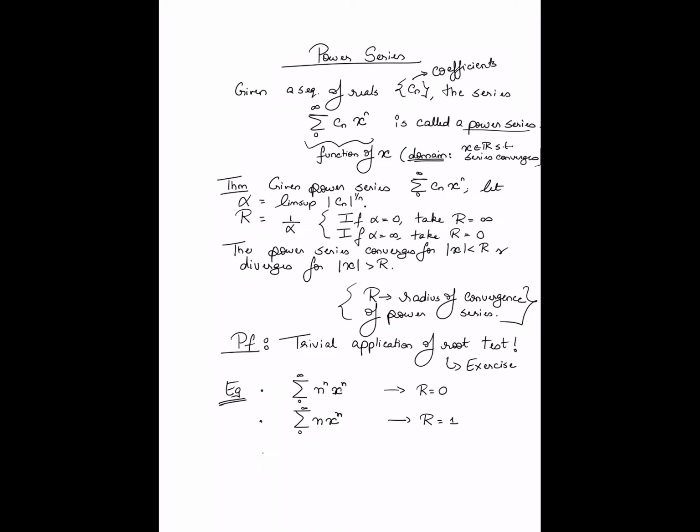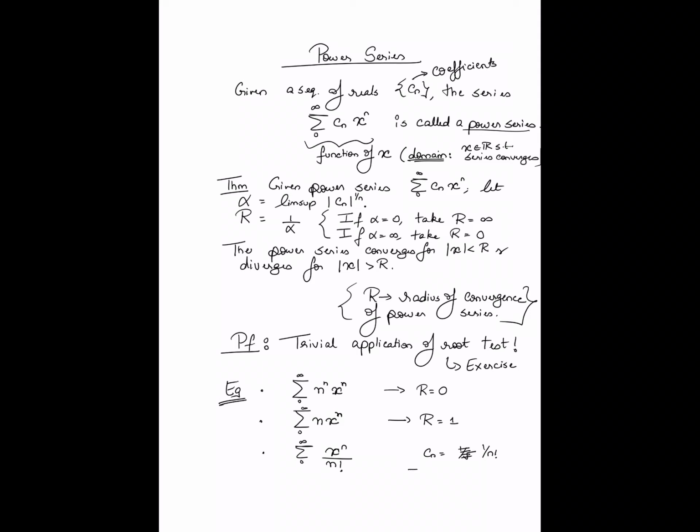Okay. Final example, let's look at the power series x raised to n by n factorial. Okay, so in this case your Cn is equal to 1 by n factorial, right? And now you have to ask yourself, what is the alpha?